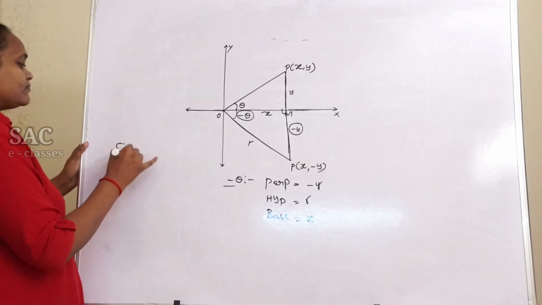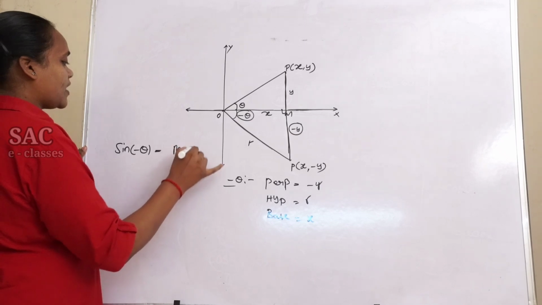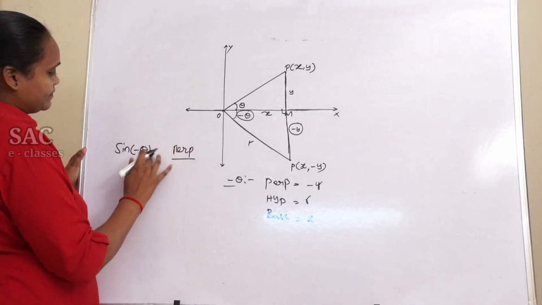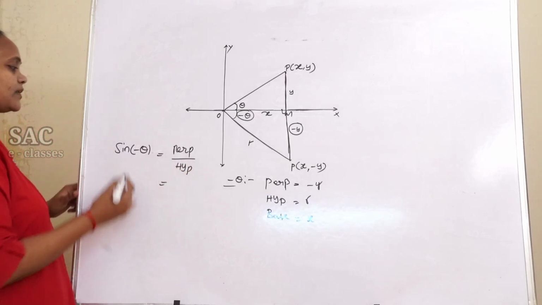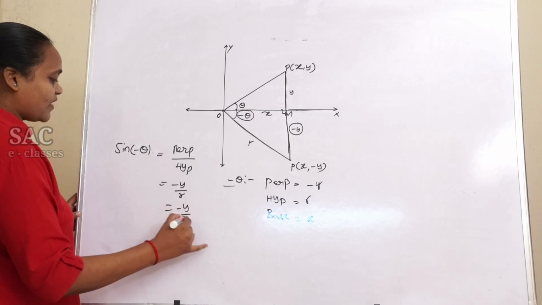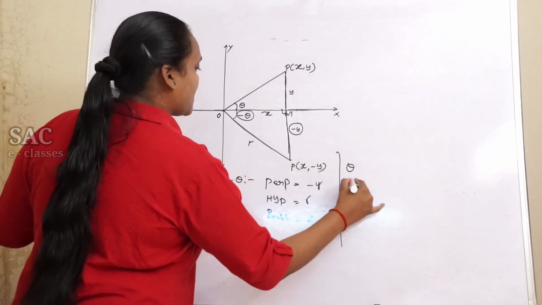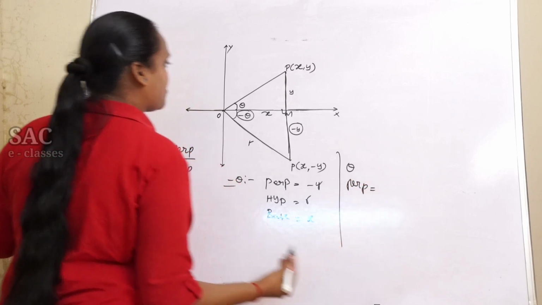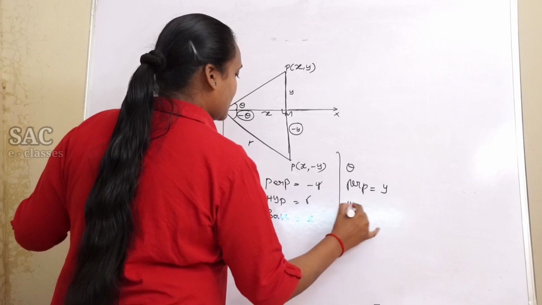Now sine of minus theta is perpendicular by hypotenuse. What is the perpendicular for minus theta? It is minus y by r. For angle theta, perpendicular is nothing but PM, which is y.